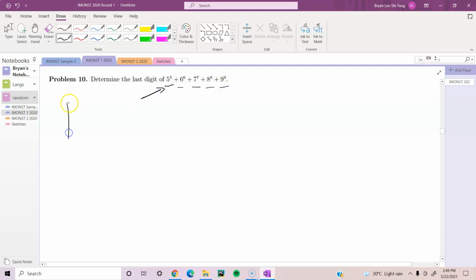So we want to make a little table of the last digit of the powers of 5.